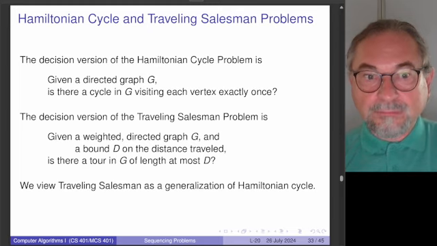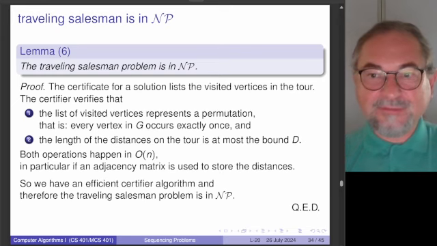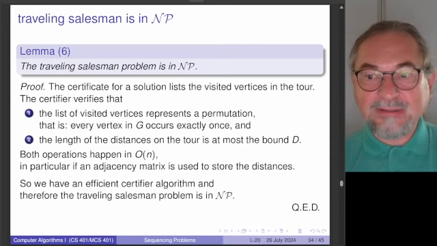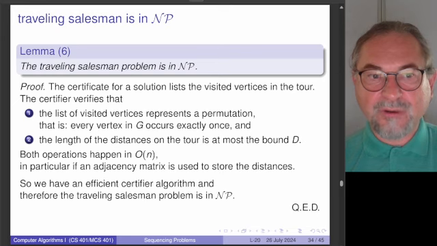So first things first, we have to show that the traveling salesman problem is in the set of problems for which there exists an efficient certifier. So what is a certificate for this problem?